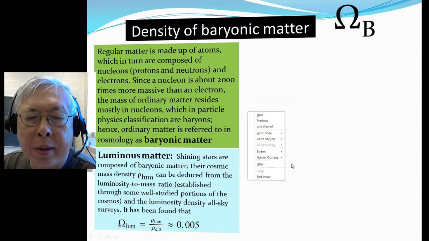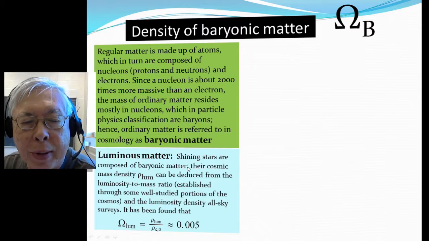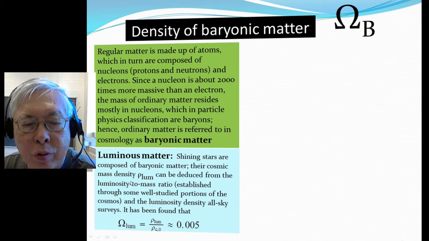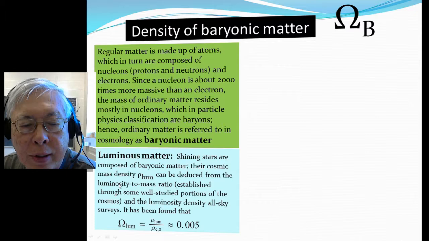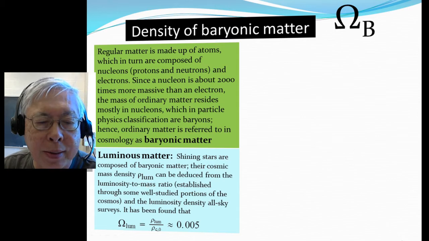Of course, some of the baryonic matter shines, and shining stars are composed of baryonic matter. Their cosmic density, which we call the luminous density, can be deduced from observation by first looking in one area very carefully, and deducing the luminosity to mass ratio. Given a certain mass, you expect this amount of luminosity.